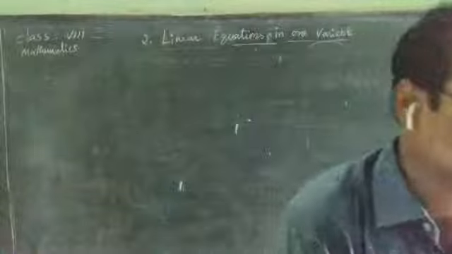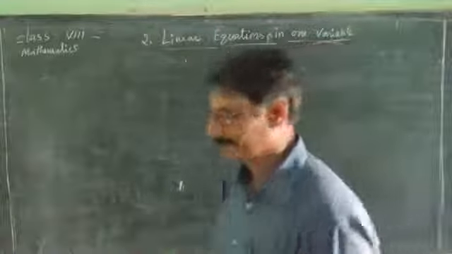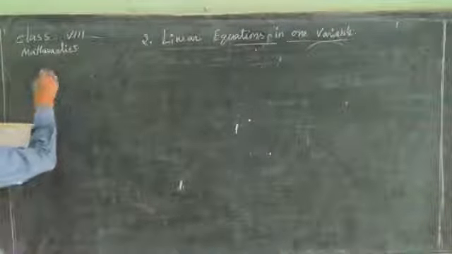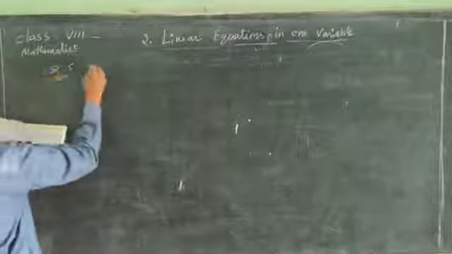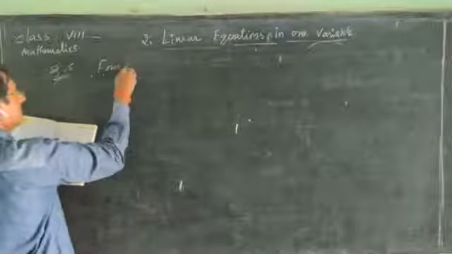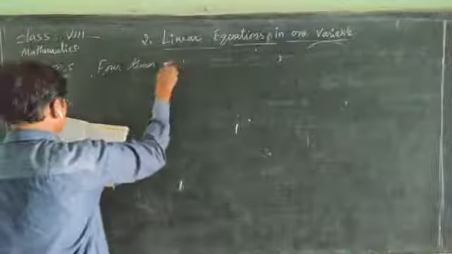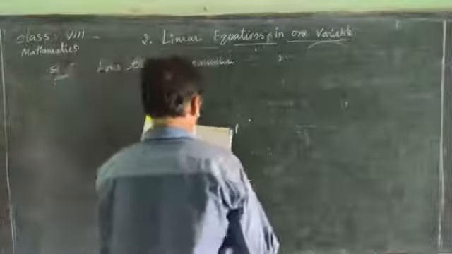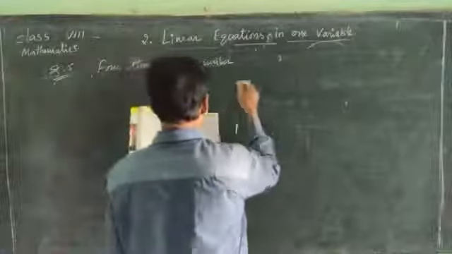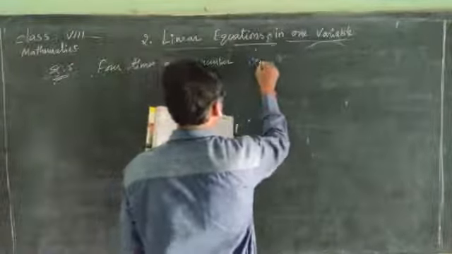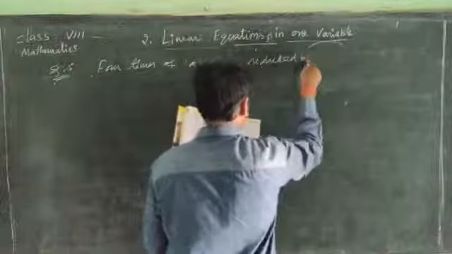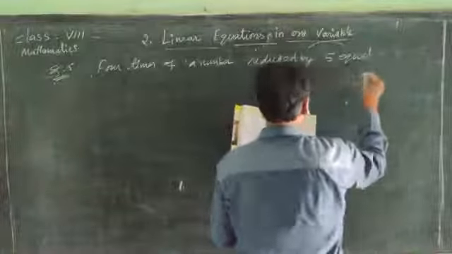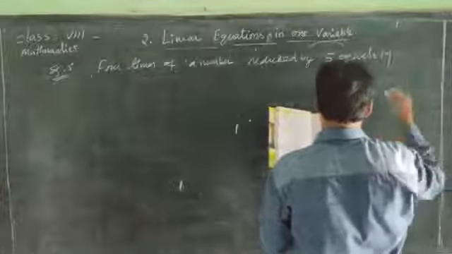Now I am going to explain one more example. See that example. Example 5. 4 times of a number reduced by 5 equals 19.